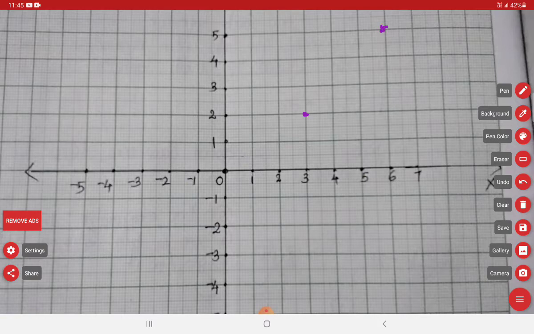In the first quadrant, I have taken 3 points. What are the coordinates? This point A is (3, 2), this point B is (8, 3), and here C is (6, 5). After that you have to join them neatly with a scale and a pencil.